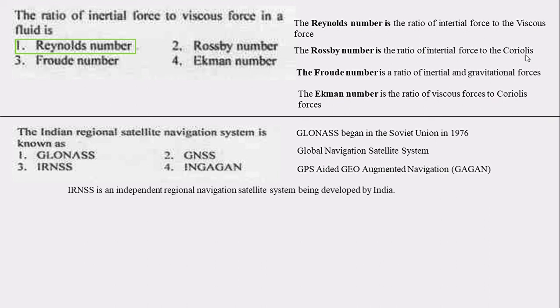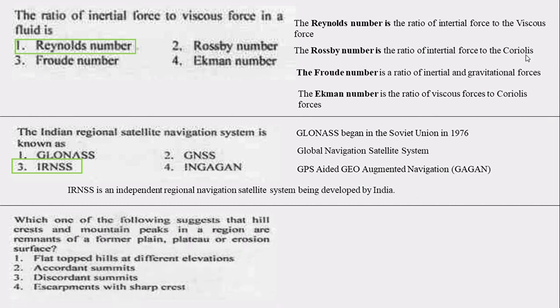And the IRNSS is the Indian Regional Navigation Satellite System being developed by India. So the answer is IRNSS. So if you know all the four things' definitions, you can answer this. So this could be one of the examples as said earlier. If you read the geology dictionary regularly, 10 words at least a day, you can answer such questions.